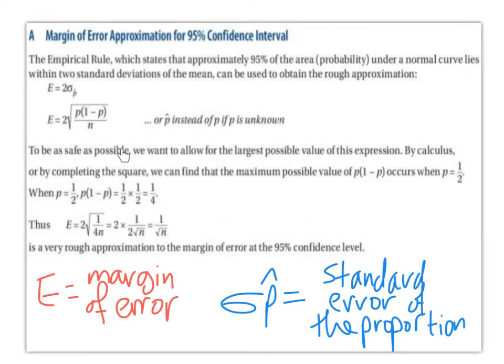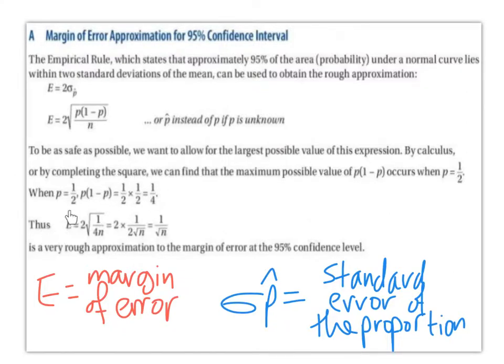To be as safe as possible, we want to allow for the largest possible value of this expression. By calculus, or by completing the square, we can find that the maximum possible value for p times 1 minus p occurs when p is equal to a half. So when p is a half, p times 1 minus p gives us a half times a half, which is a quarter.